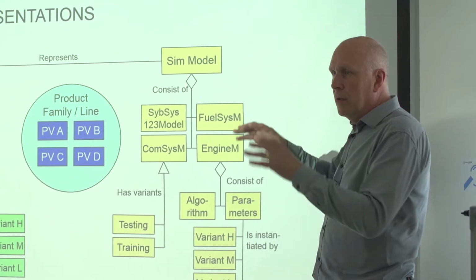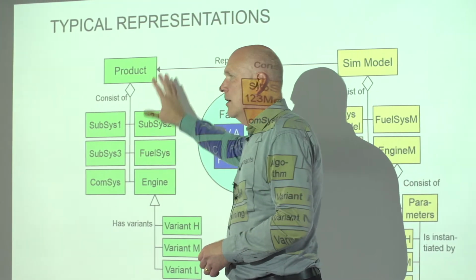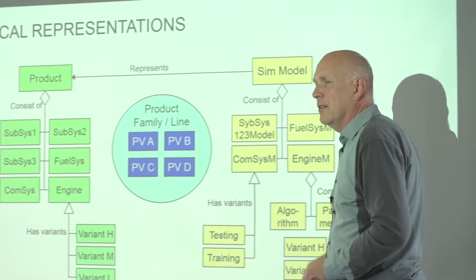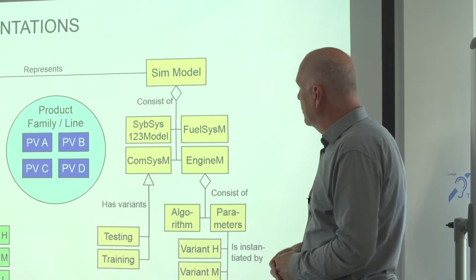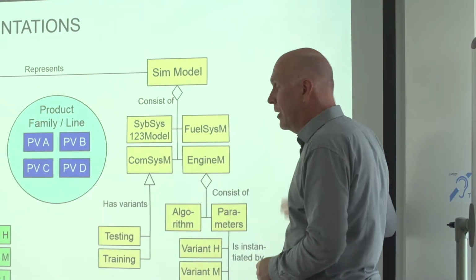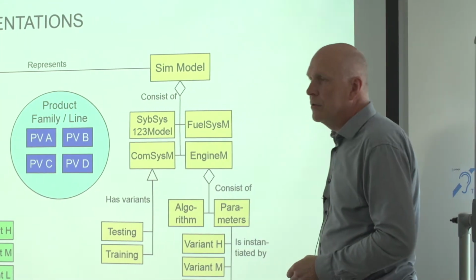That means that the whole picture of the structure of the product looks not the same on the simulation side. And also we usually have a lot more here, because we have these variants of models.